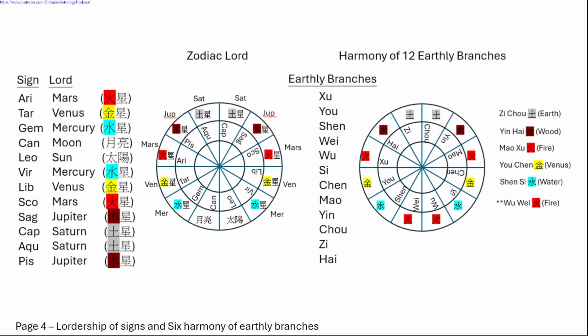So, if you listen carefully, the Chinese word 星 means stars or planets. You can simply relate the Wuxing of the earthly branches to the lordship of the 12 sidereal signs, which can be compared together.